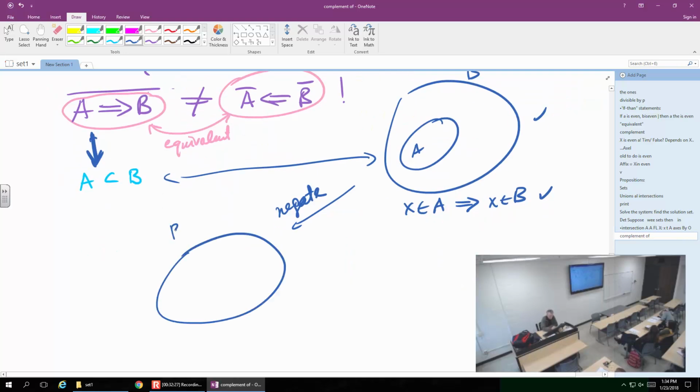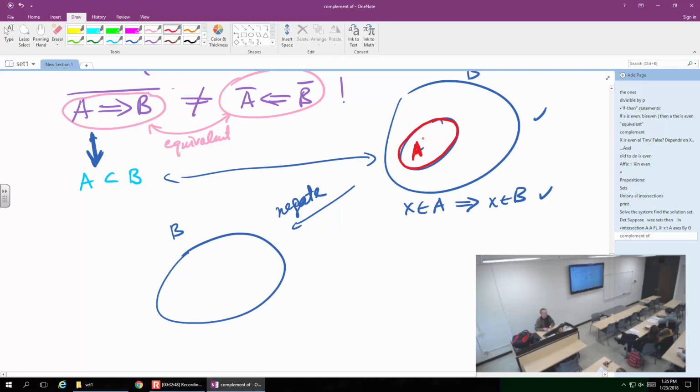So suppose this is still my B. What are possible positions of A relative to B? So this was my A. But I want to now consider the universe of possibilities when A does not satisfy this property.